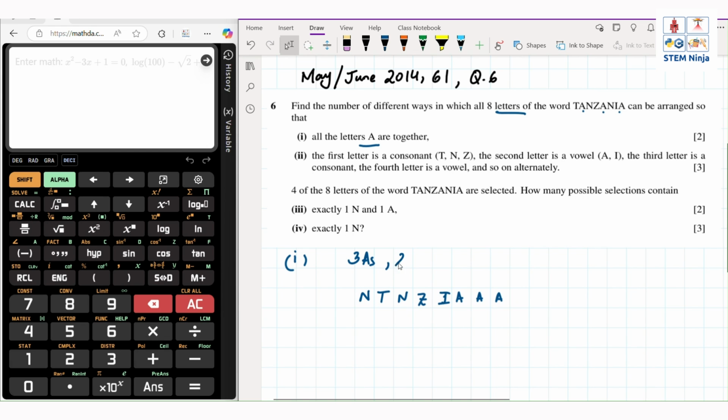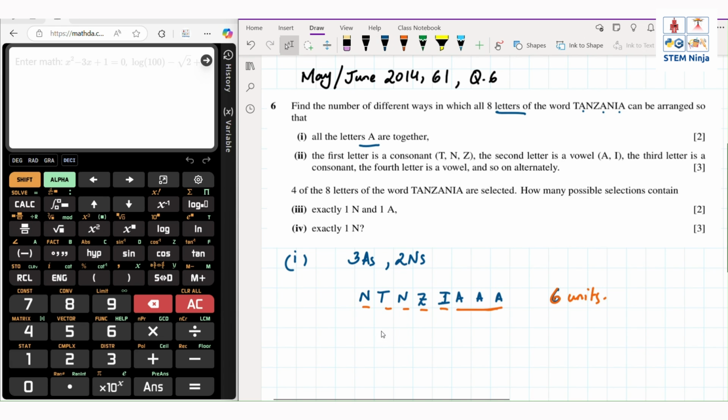So 3 A's, 2 N's. So we need this unit to stay together. So that means in total we have 1, 2, 3, 4, 5, 6 units. Sorry, we have 6 units.